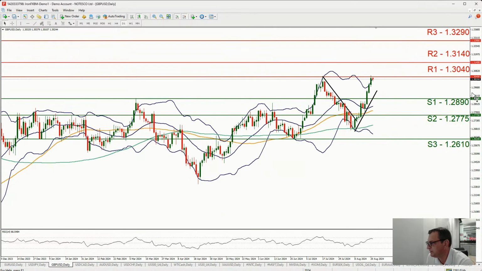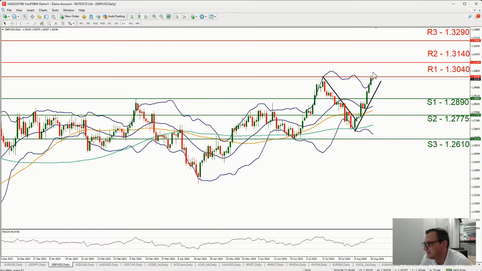Let me adjust a little bit of the chart. For the time being, the R1 is holding its ground, the 1.3040. You can see how the level was tested yesterday, yet the price action is a little bit lower. Should the bulls maintain control, though, then I would expect the price action of cable to breach the R1 and start aiming for the R2 at 1.3140, 100 pips higher.